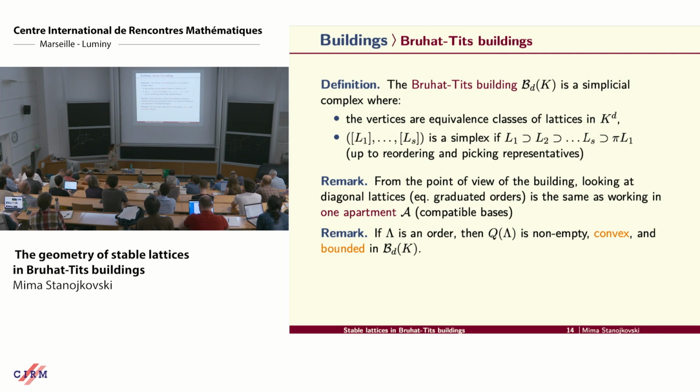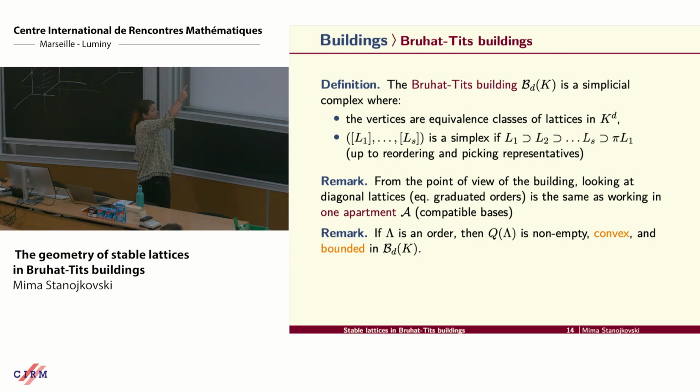But what we want to do is work with other orders too. So what is not so difficult to prove is that if we take lambda to be a generic order, then the collection of stable lattices will always be a non-empty, convex, and bounded subset of the building.